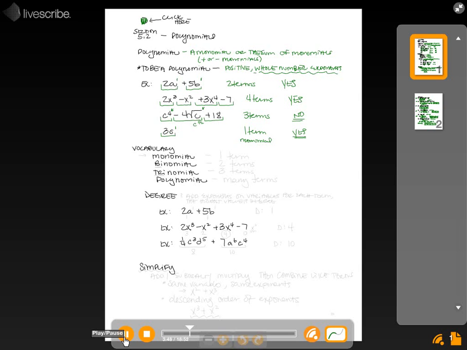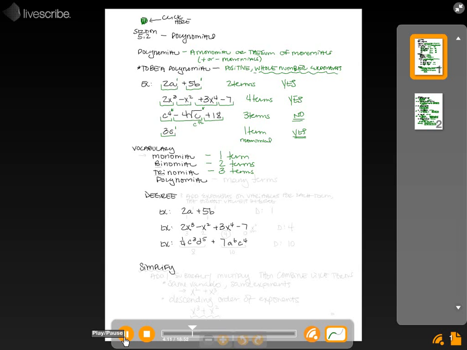Real quick, we've got a couple vocabulary words here. Monomial we went over last time. For today's purposes, we're going to think of it that it has 1 term. There's 1 thing there. A binomial has 2 terms. Trinomial has 3 terms.